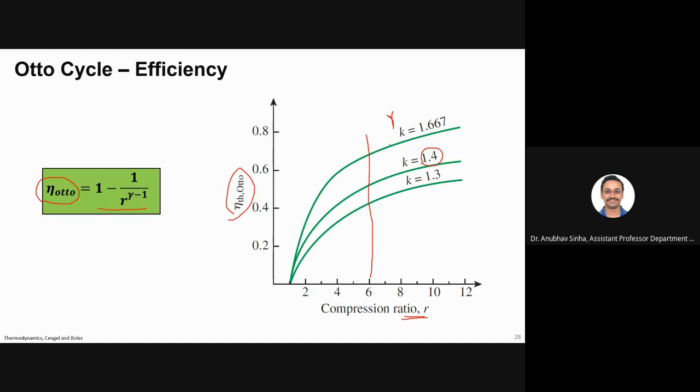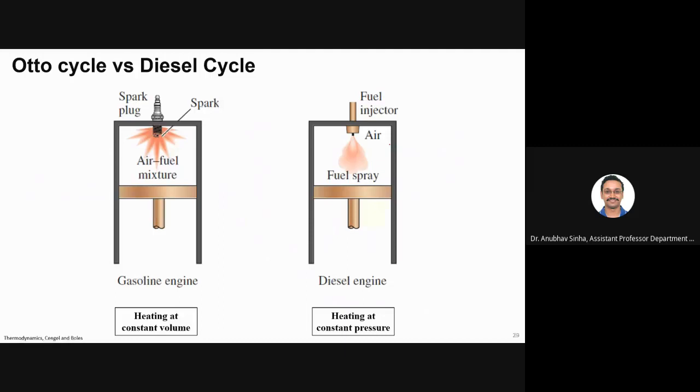Okay, moving on. We'll now talk about the diesel cycle. What is the basic difference between the Otto cycle and the diesel cycle? In the Otto cycle, we use a spark plug and ignite the air-fuel mixture; this is basically petrol or gasoline. In the diesel cycle, you inject air, and then on top of that you add fuel spray.